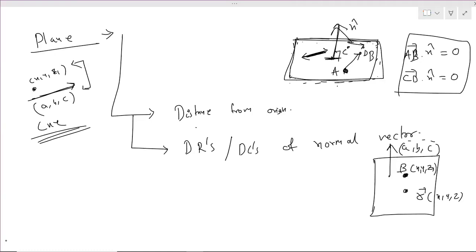Yes, sir. So if I join PR or RP, so can I say R vector minus P vector dot this N vector equals 0?